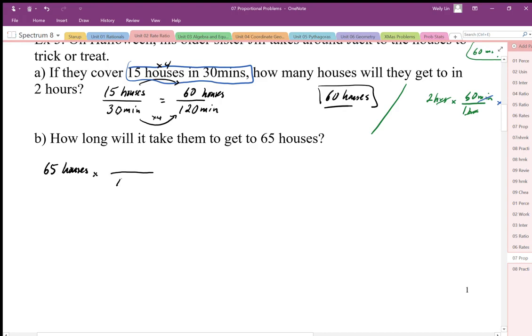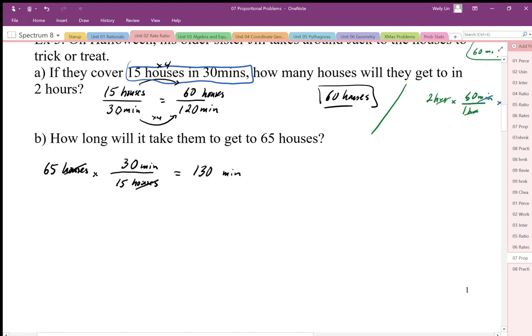Okay, well, I can put my houses in the denominator, 30 minutes in the numerator, and the houses and houses cancel out. 65 times 30 divided by 15. Well, I'm going to do 30 divided by 15 first, and I get 130. The units are going to be minutes.